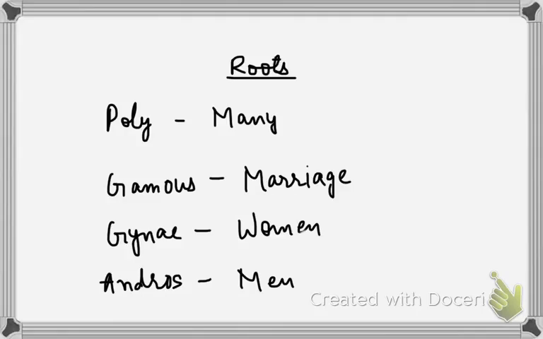You can't learn all the words, so this will help you predict the meaning of words while reading journals or comprehension. English is best learned when you relate it to something. For example, poly: all the mathematics students can relate poly to polygon, one having many sides. This is how you relate your roots and remember them.